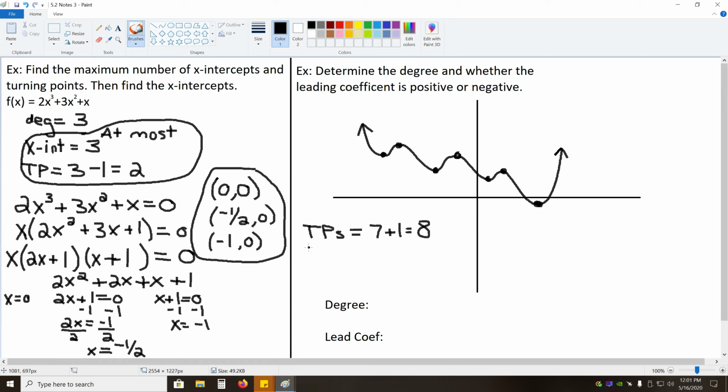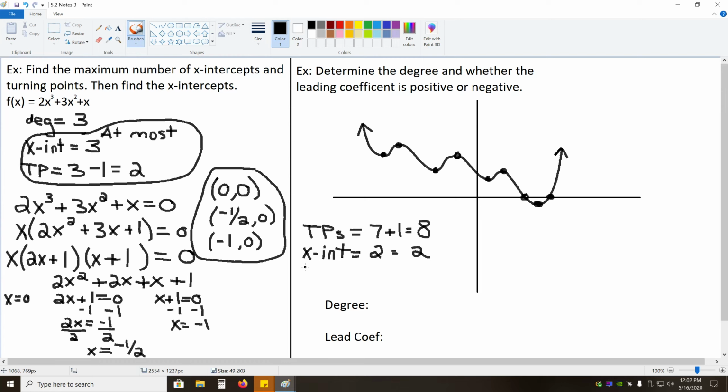From here, we look at the x-intercepts. We have 1, 2 x-intercepts, which means the degree has to be at least 2. That doesn't help us very much because we already know the degree has to be at least 8, so we can just ignore that for now. We just need to use this 8. The minimum degree is 8 so far.